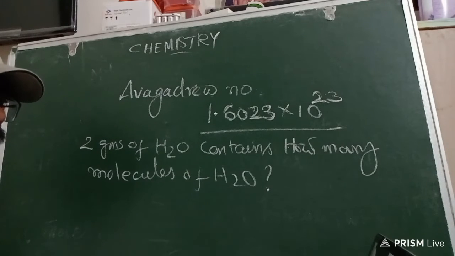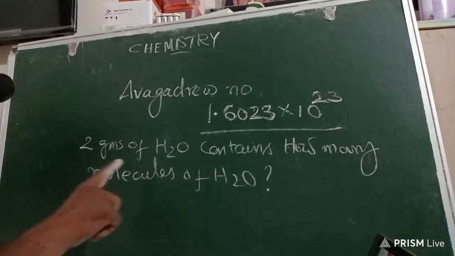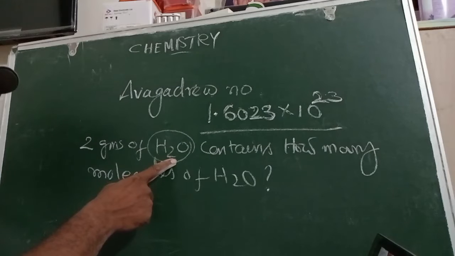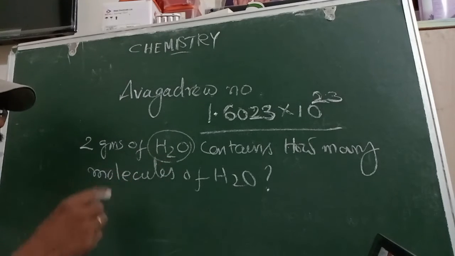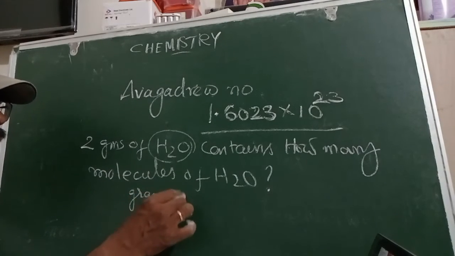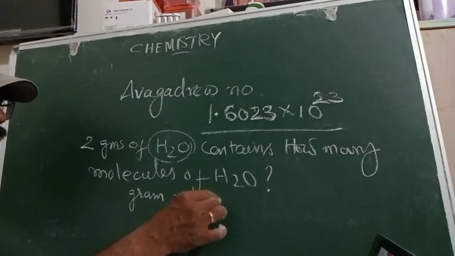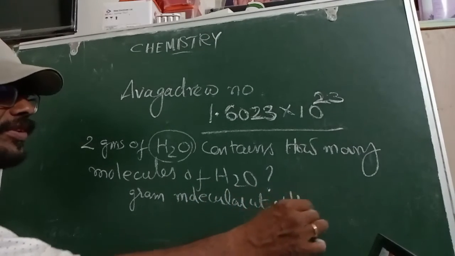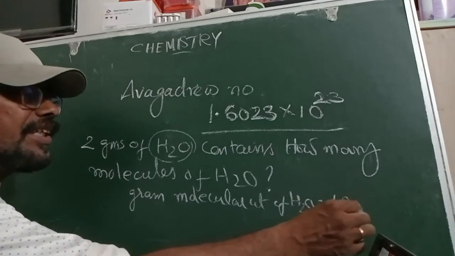So now, for finding this we have to know the molecular weight of water. The gram molecular weight of H2O is equal to 18 grams.